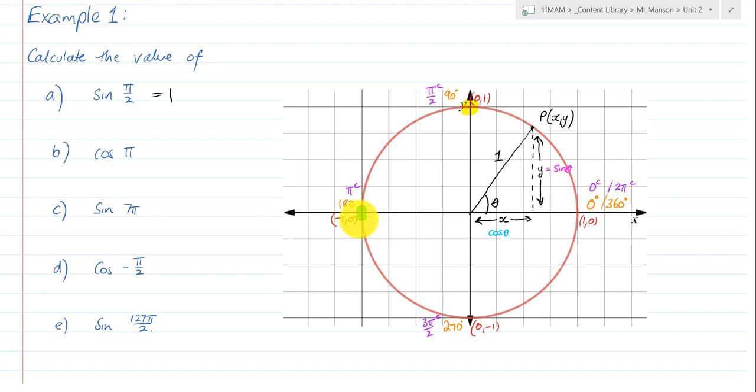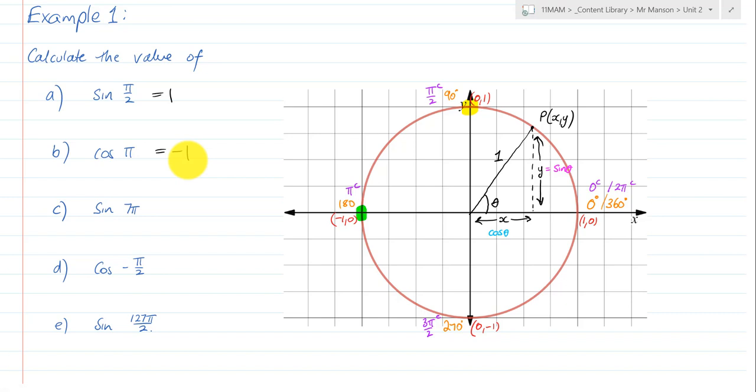So if we're around here, how far away along the x-axis from the centre? -1. Did anybody do cos of pi and get -1? No? Did anybody do cos of pi and get something different? Good. That's the important thing, I suppose.